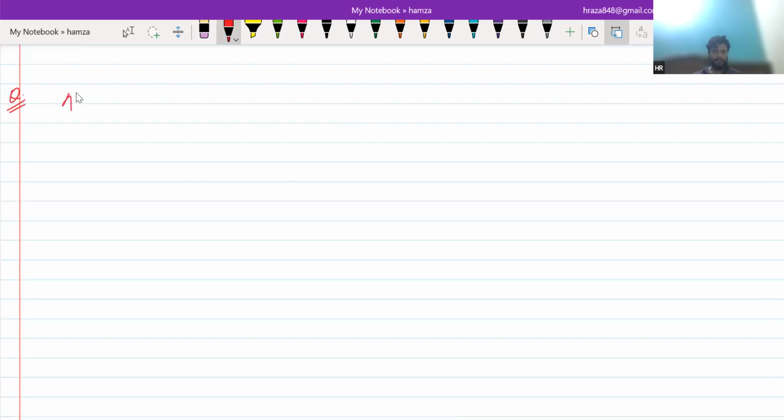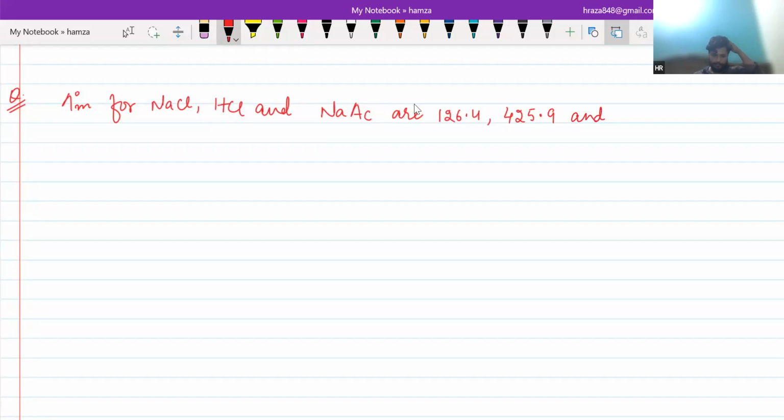The next question is: lambda naught m for NaCl, HCl and NaAc are 126.4, 425.9 and 91 Siemens centimeter square per mole, respectively.